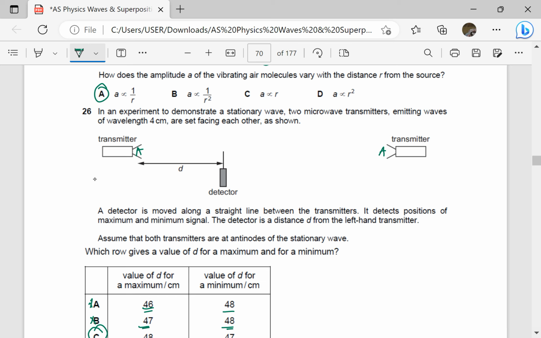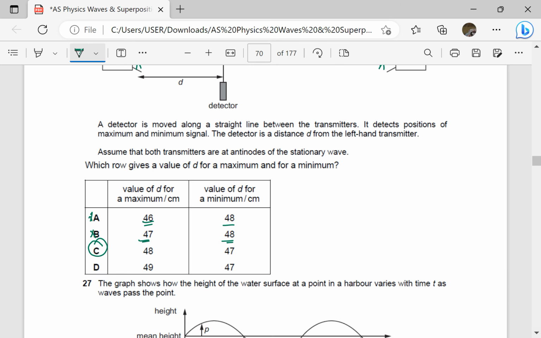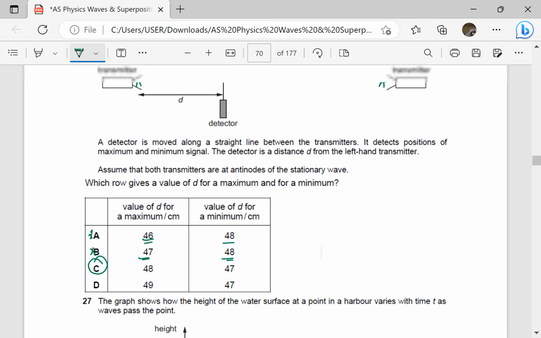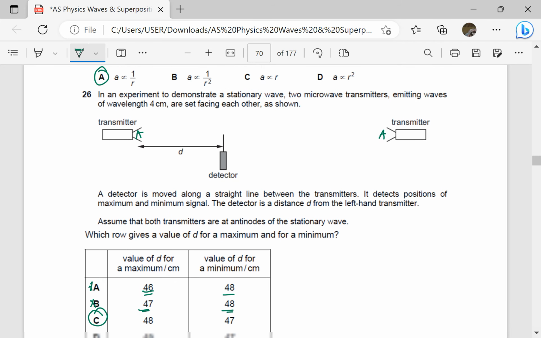In an experiment to demonstrate a stationary wave, two microwave transmitters emitting waves of wavelength 4 centimeters are set facing each other as shown there. A detector is moved along a straight line between the transmitters. It detects positions of maximum and minimum signal. The detector is a distance d from the left-hand transmitter. Assume that both transmitters are at antinodes.